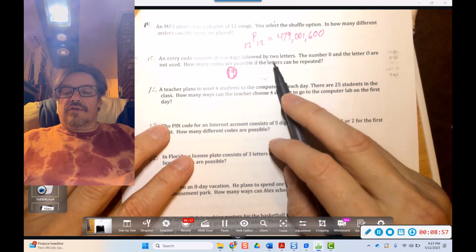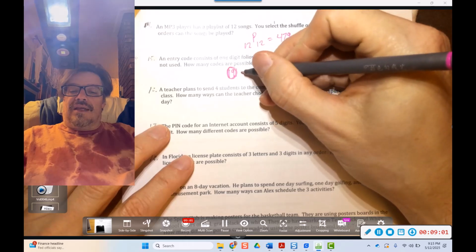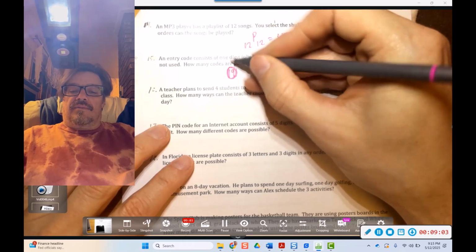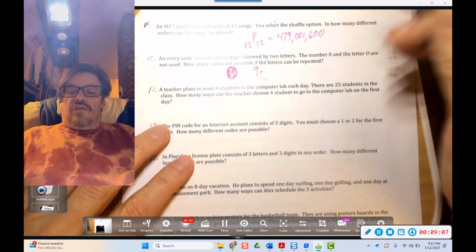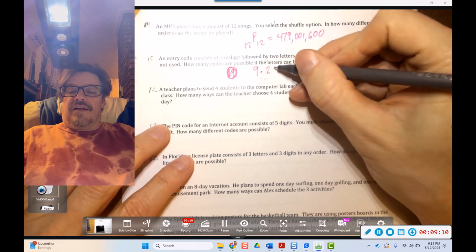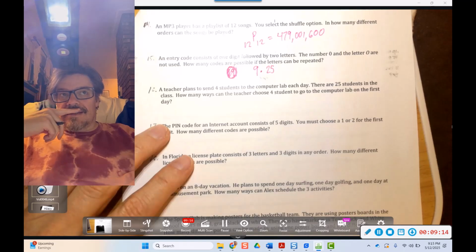Now we got 2 letters, but the letter O is not used. So I've got 25 possibilities for my first letter because the O has been taken out of the mix.